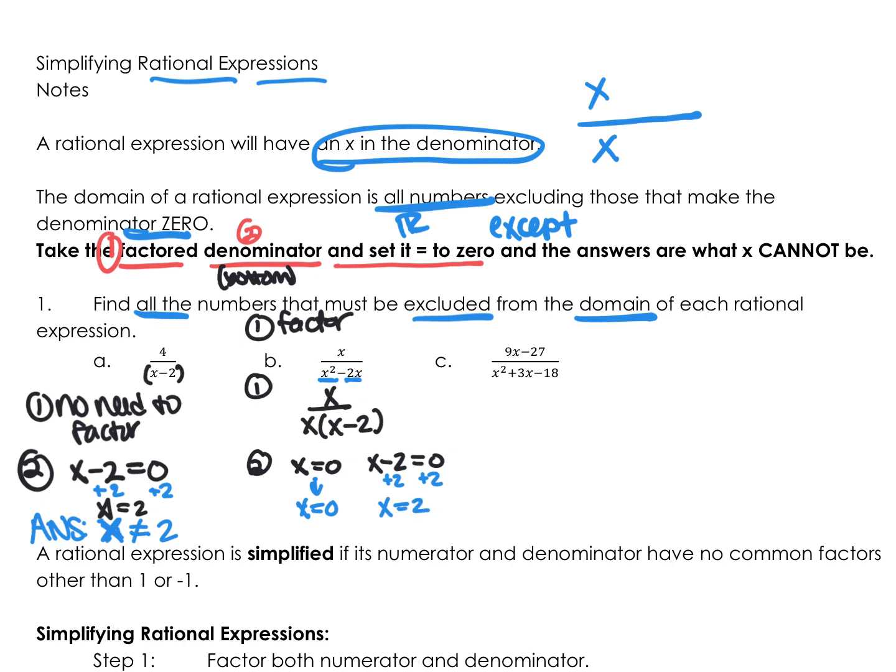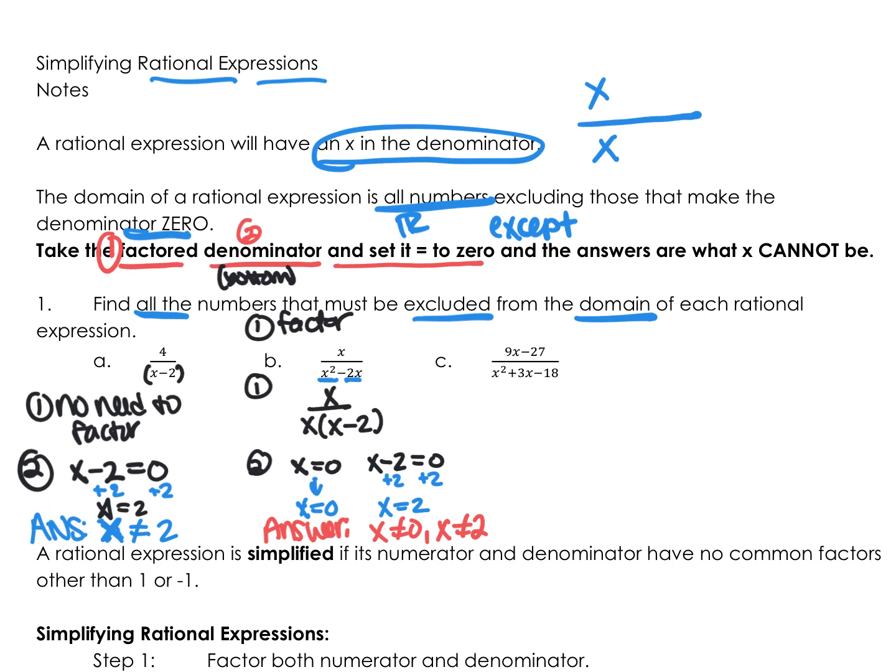And so here our exceptions, or our answers, are that x cannot be 0 and x cannot be 2. So we're just looking for exceptions here, where the denominator is equal to 0. You're not setting the top equal to 0, just the bottom, the denominator.